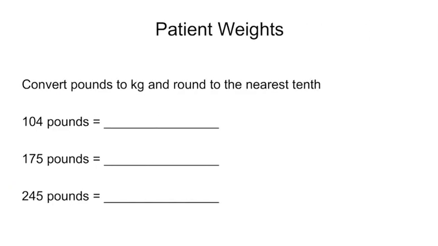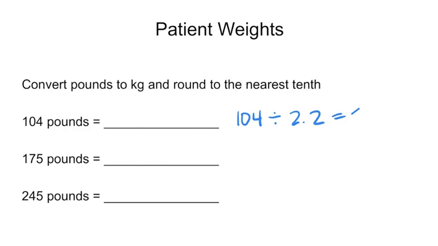Okay, and so this is how we usually apply this, is calculating weights, for example. So we're going to convert the pounds to kilos and round to the nearest tenth. So if I'm 104 pounds, I'm going to divide that, 104 divided by 2.2, and I got 228.8, which I know is probably incorrect, so I had a misfire.